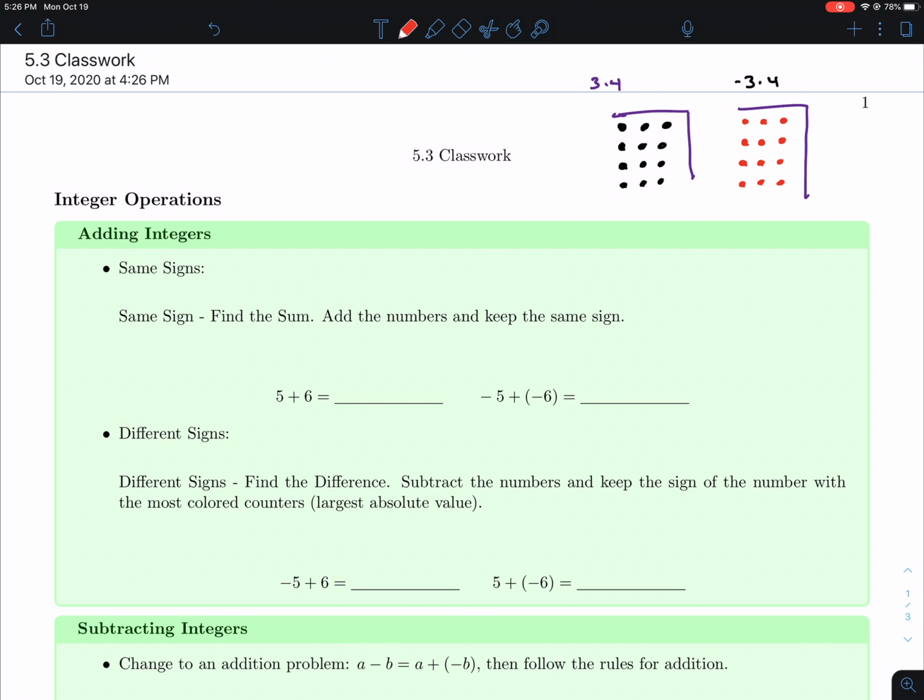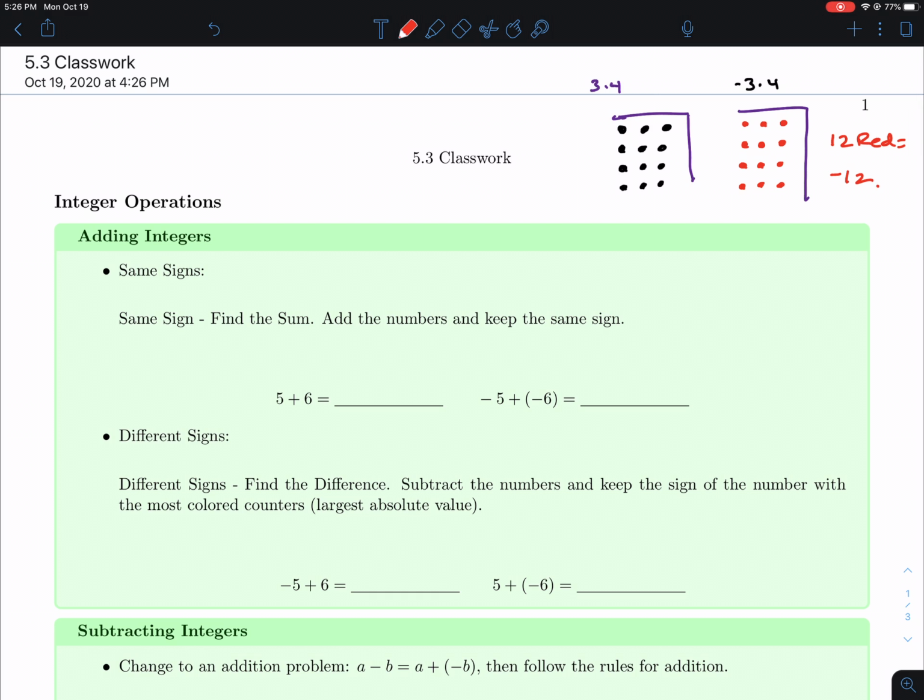To figure out my answer, I would just add all these up. So 1, 2, 3, 4, 5, 6, 7, 8, 9, 10, 11, 12. In this case, I've got 12 reds, or negative 12 would be my answer.